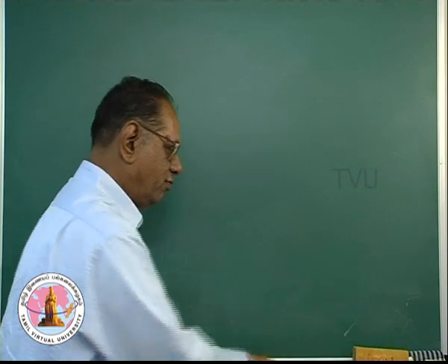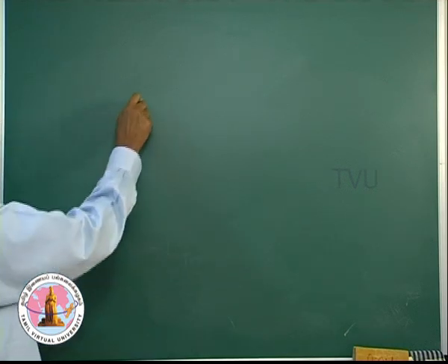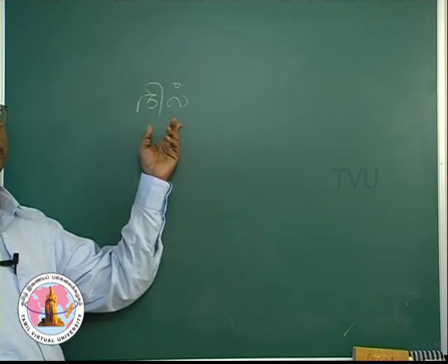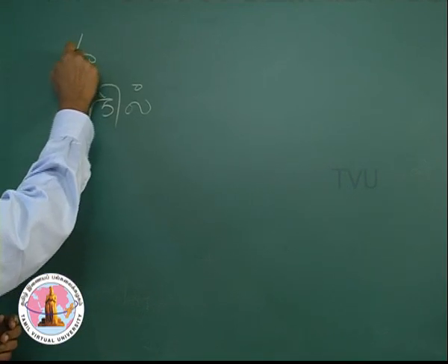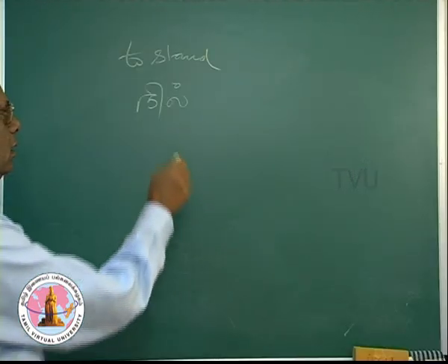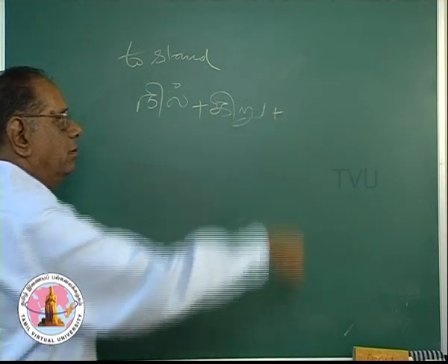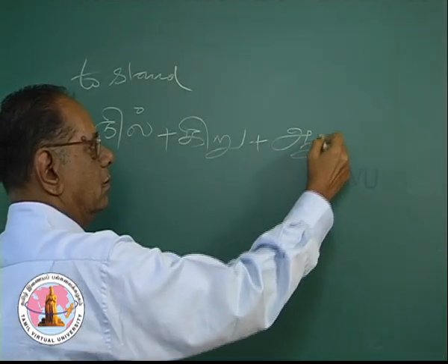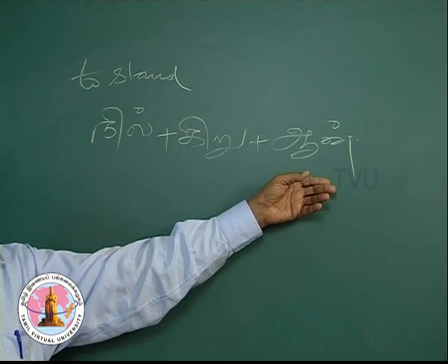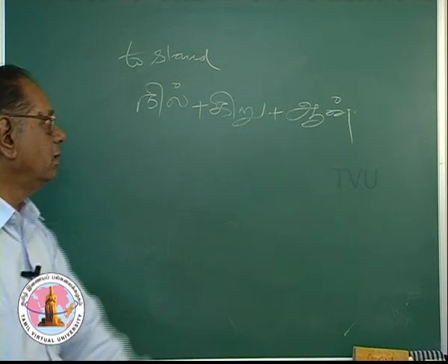We saw another type of verb which also undergoes some change. That is nil. Nil, to stand. You add the tense marker, present tense, and I have added on. On is a person suffix. Person suffix of which person?